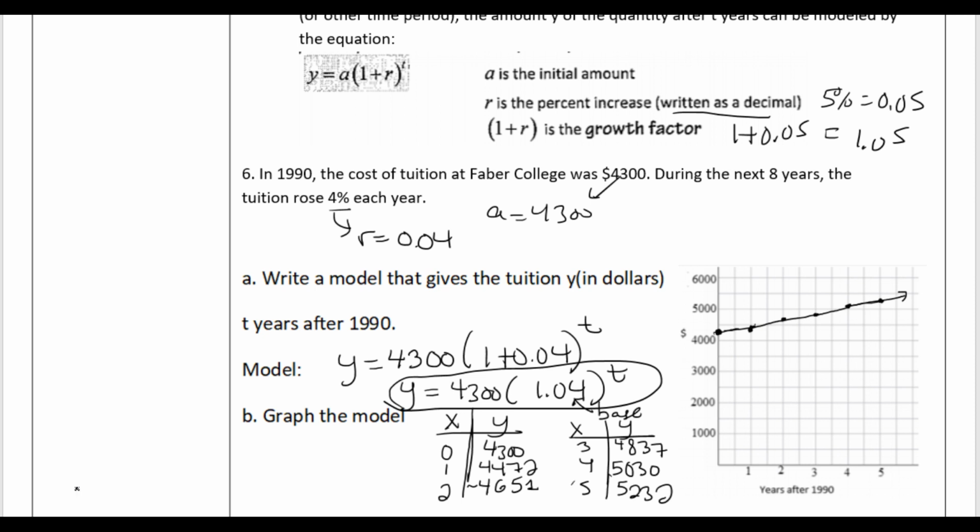So right now at 5 years, we're at $5,232, up from 4,300. So it does make a difference, 4%, although it's not as high as most exponential functions are, but it's still increasing nonetheless. It's not a good thing that it's increasing, for the student, of course.